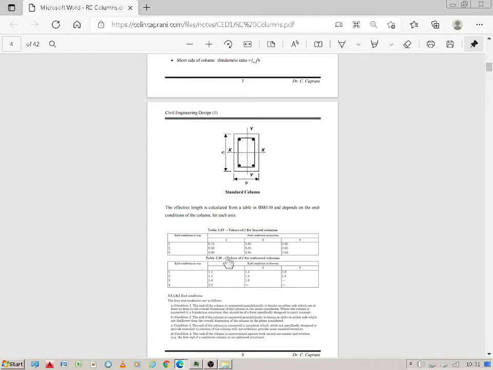I'll talk about that in the next video. So the effective length is calculated from a table of BS8110 and depends on the end conditions of the column for each axis.